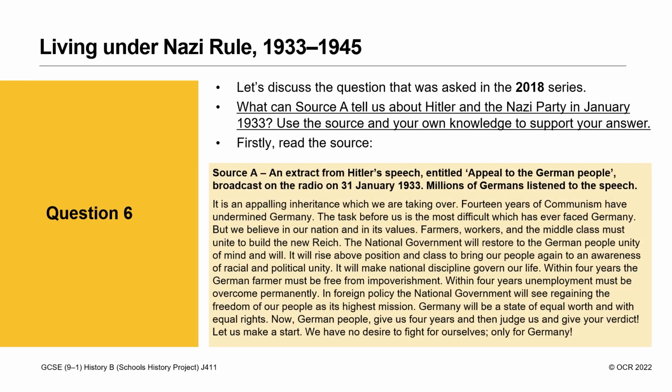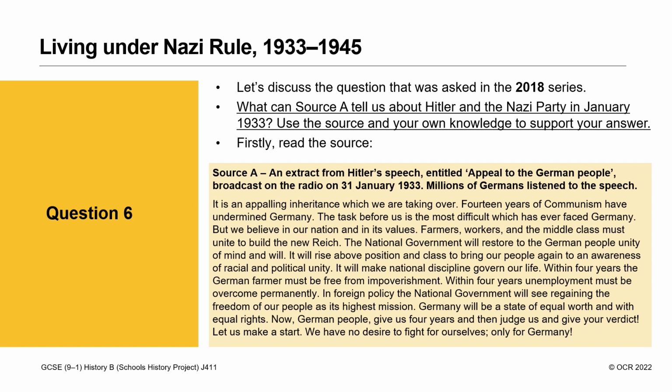Source A, an extract from Hitler's speech entitled Appeal to the German People, broadcast on the radio on the 31st of January 1933. Millions of Germans listened to the speech. It is an appalling inheritance which we are taking over. 14 years of communism have undermined Germany. The task before us is the most difficult which has ever faced Germany. But we believe in our nation and in its values. Farmers, workers and the middle class must unite to build the new Reich. The national government will restore to the German people unity of mind and will.